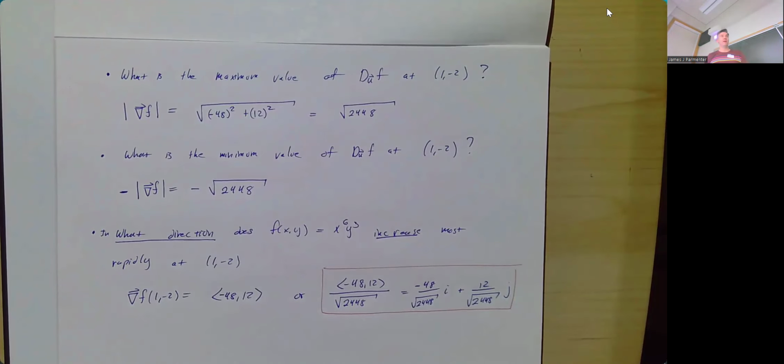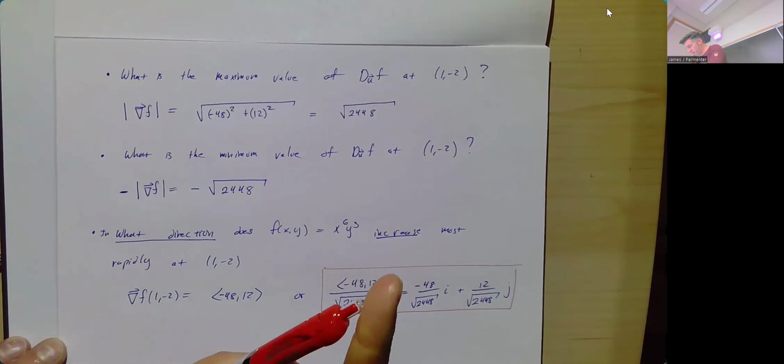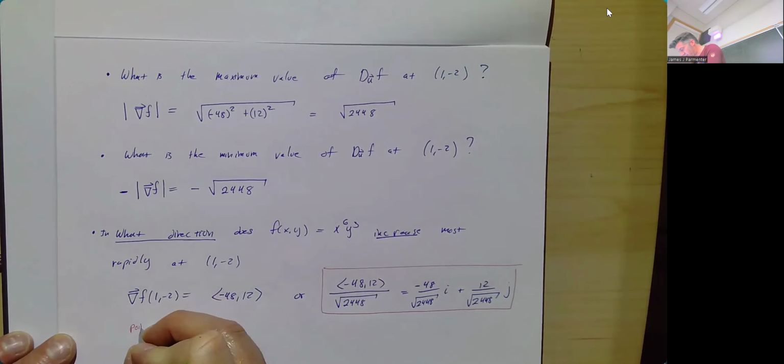I want to remind everybody that this vector here, (-48, 12), points in the same direction as any multiple of it. So I could divide every component of that vector by the same number. Those two numbers have a lot in common. I could divide them both by 6. I could even divide them both by 12.